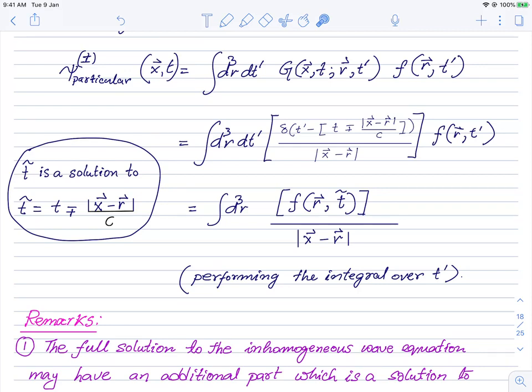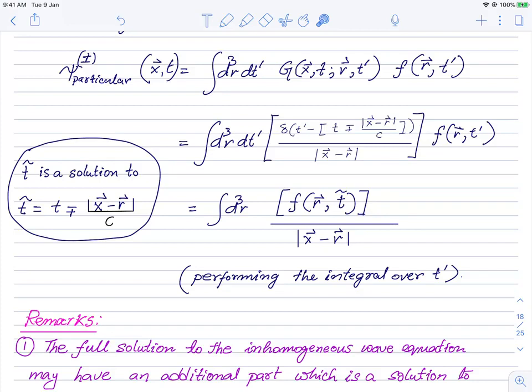If you call this principle causality, that causes happen before the effect, then naively you would say that the retarded solution is the one consistent with this physical condition, and the advanced solution, the one with the plus sign, is the one not consistent with this idea of causality.